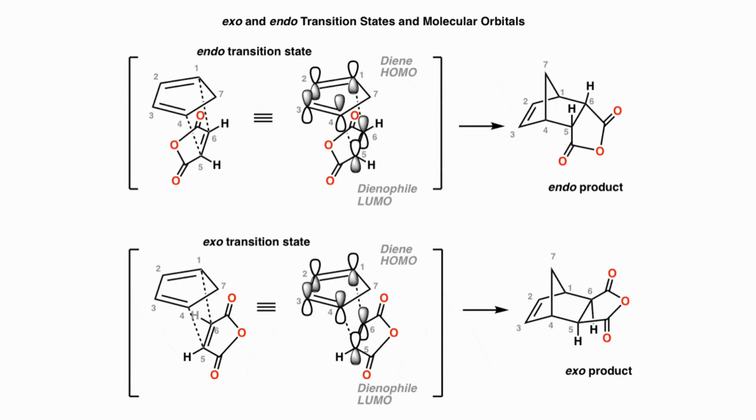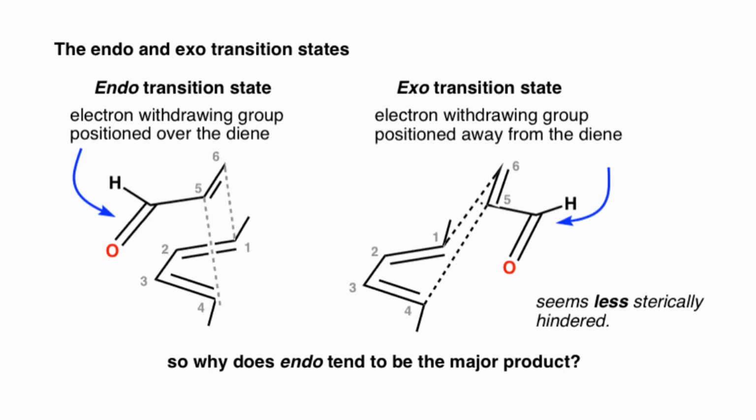So if we compare the atoms bumping into each other, the steric hindrance, it sure looks like the exo transition state has less steric hindrance. All those atoms are kind of out of the way. And in the endo transition state, that oxygen atom is right underneath the diene. It seems like that's a more crowded transition state. And indeed it is. The endo transition state has higher steric hindrance because all of those atoms are right on top of each other like two pieces of bread in a sandwich.